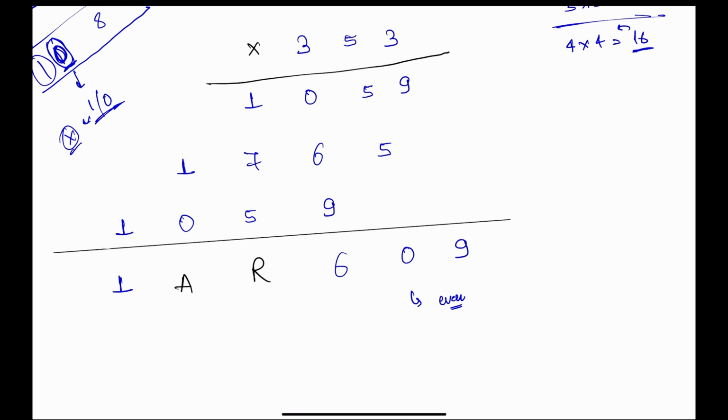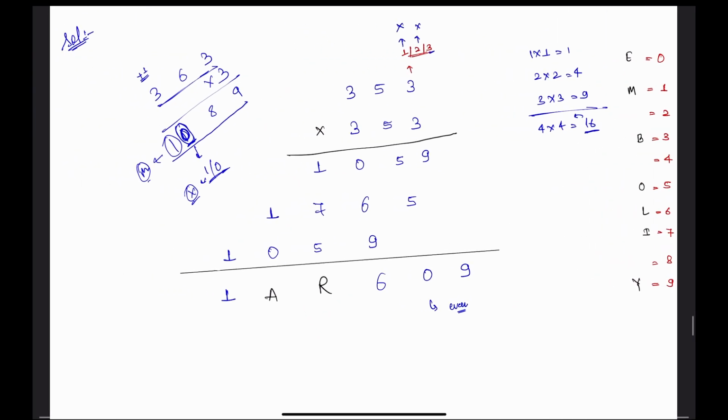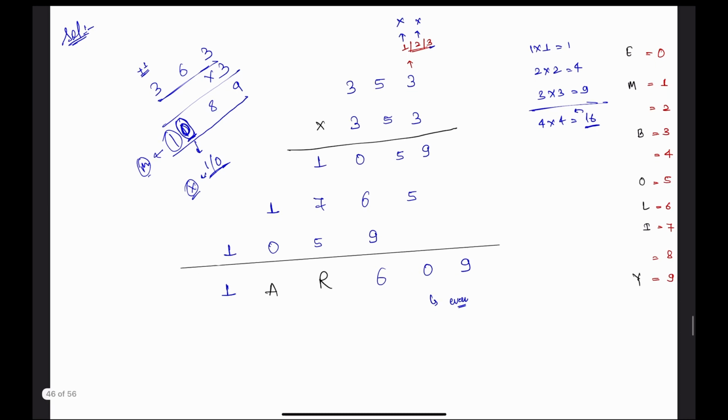Yeah, it's correct. 5 plus 5 is 10, carry 1. 9 plus 1 is 10, plus 6 is 16, carry 1. So 7 plus 2 is 9, plus 5 is 12. So R is 2, and carry 1.